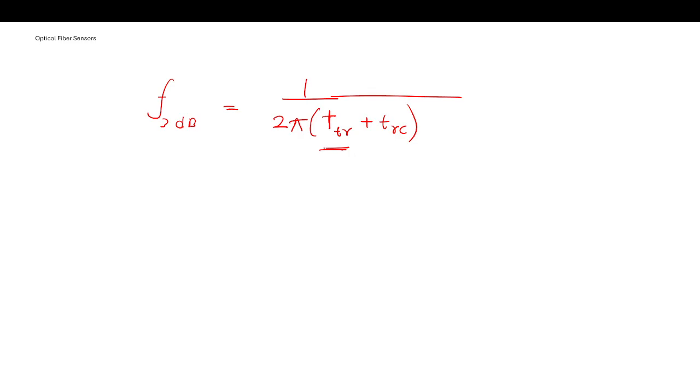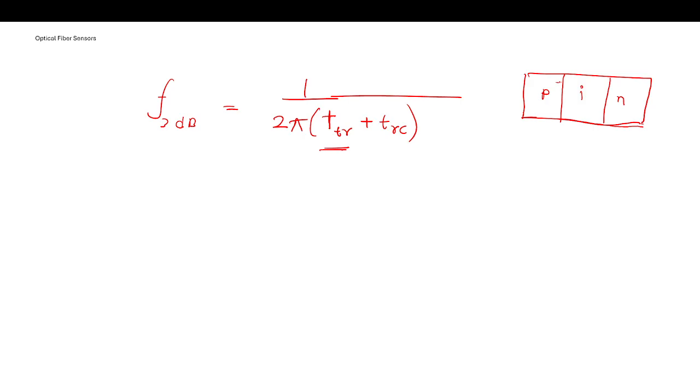So if you increase the travel time, how can you increase it? The generation and increment of the electrons and holes can be done by incorporating the depletion region inside the PN photodiode, and incorporation of the I region in the PIN photodiode.